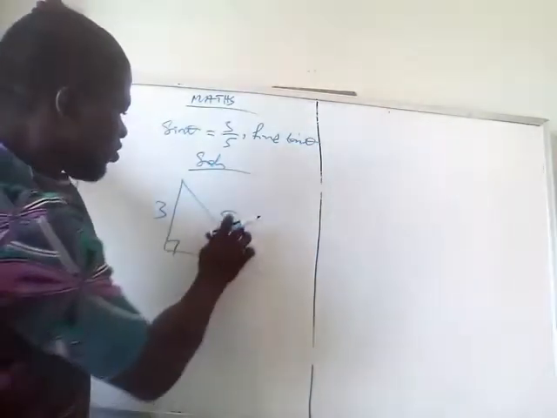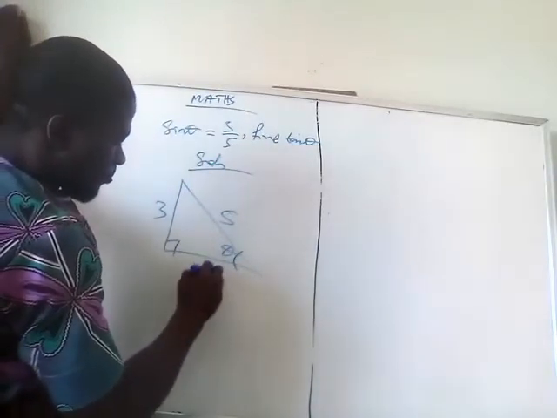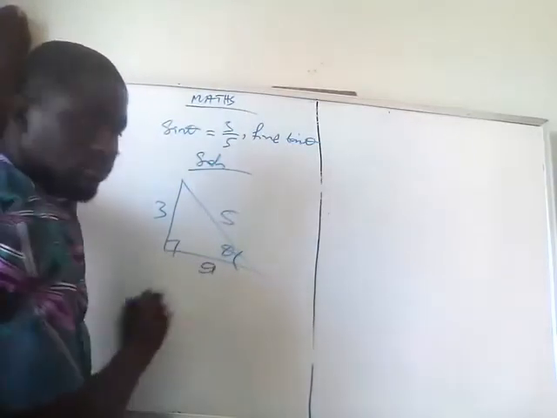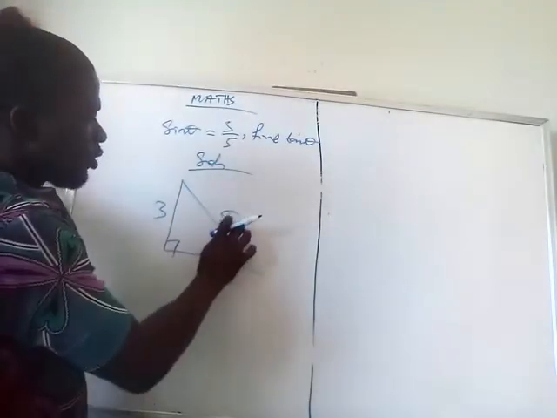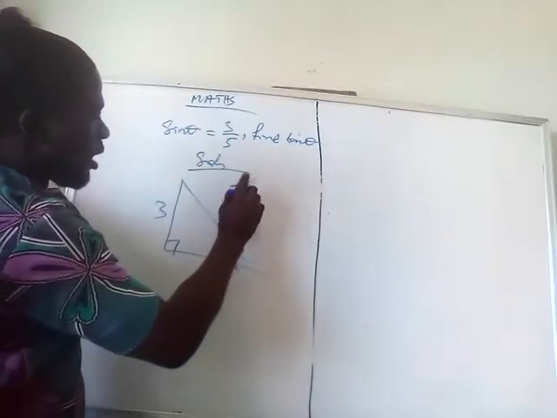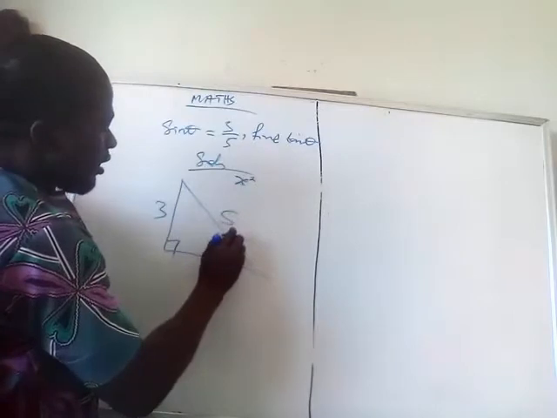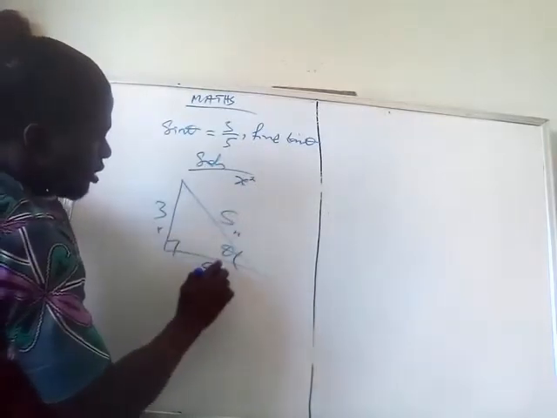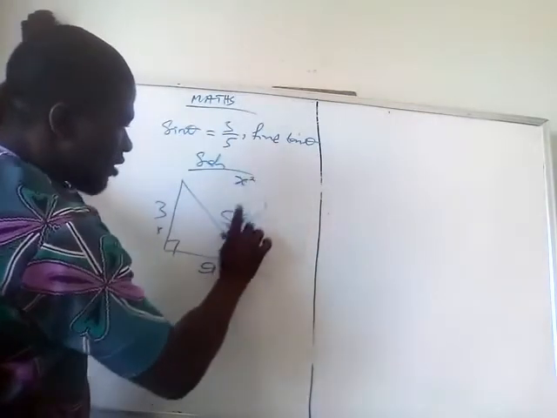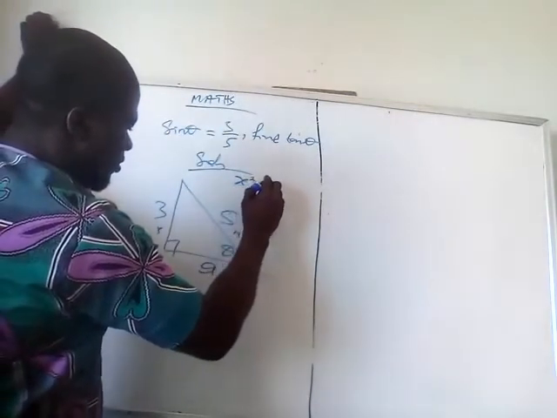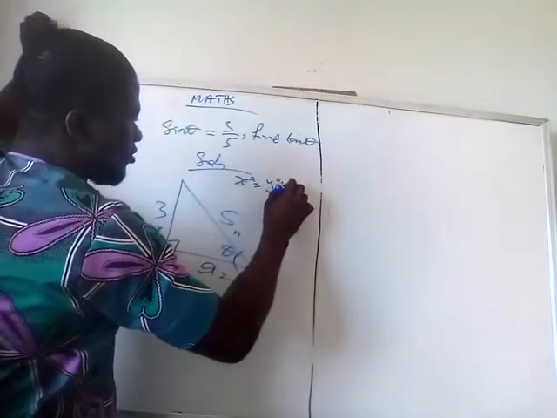If we use Pythagoras theorem now, let's call this place A. If you are looking for the hypotenuse, let's call the sides x, y, and z, it will be y square plus z square.